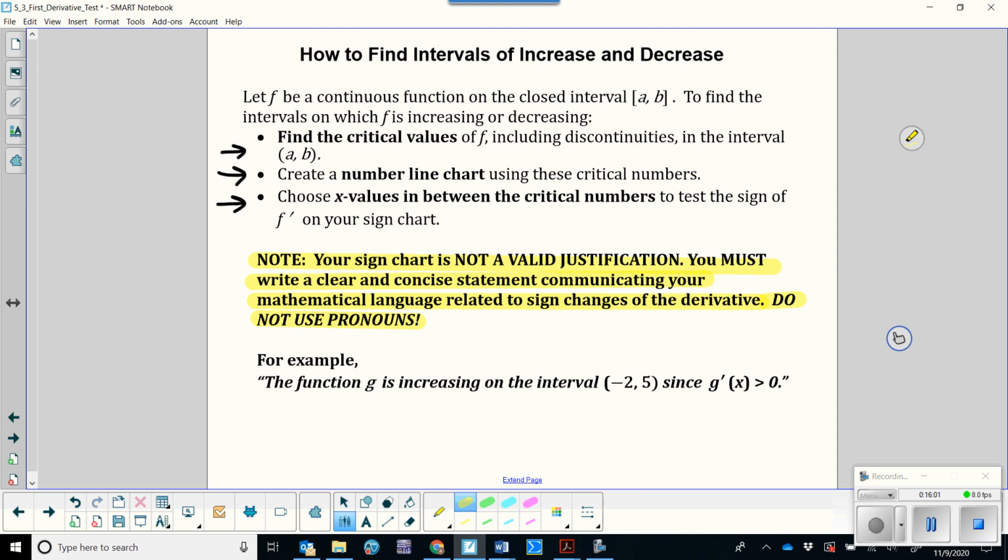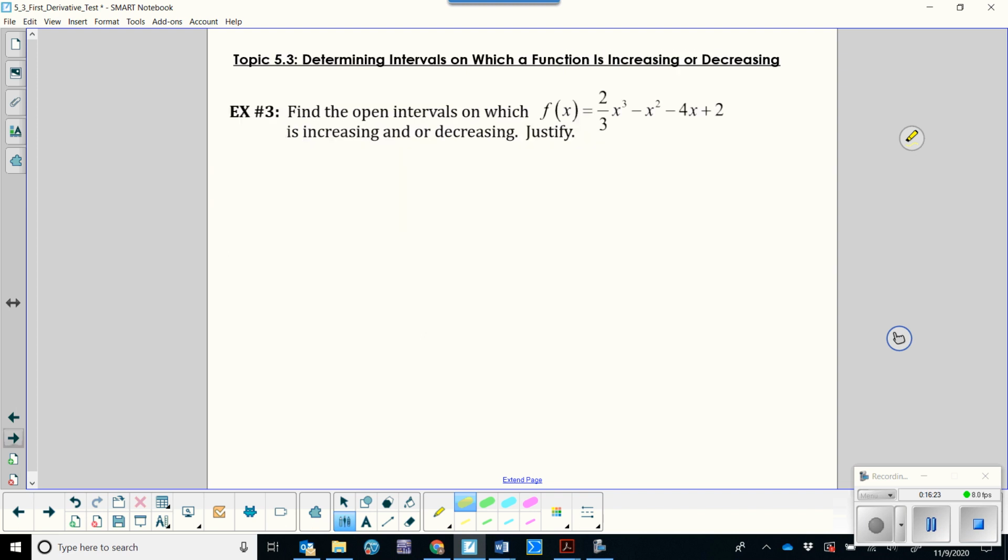So an example would be you do a sign chart and you find out that G prime is positive from -2 to 5, so you would answer the function G, not it. The function G is increasing on the interval -2 to 5 since the derivative G prime of x is greater than 0. Okay, so I will model that very carefully.